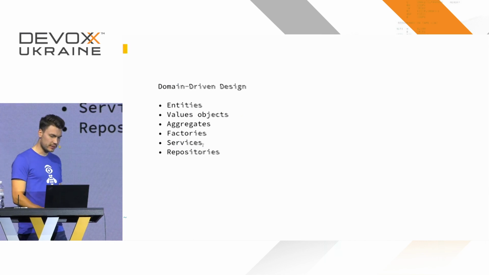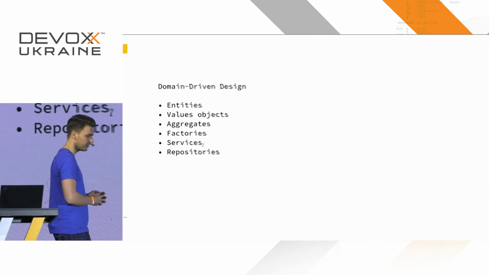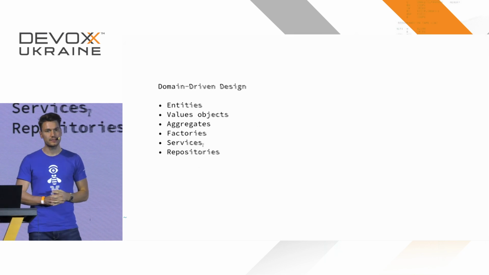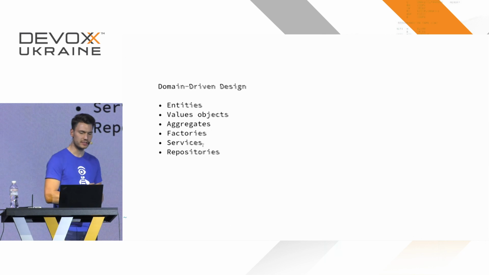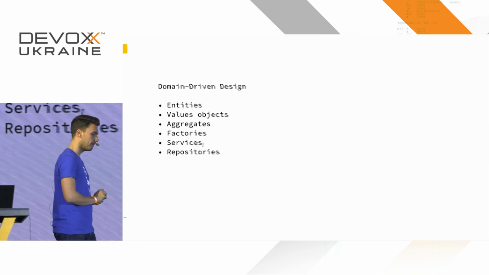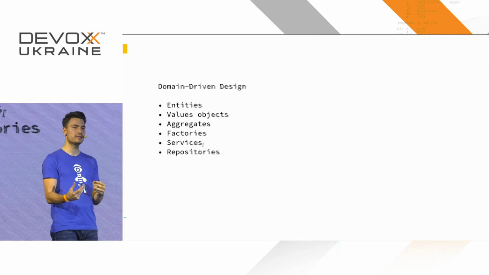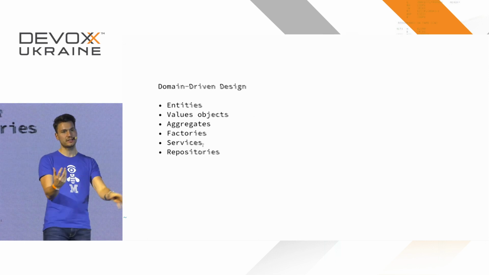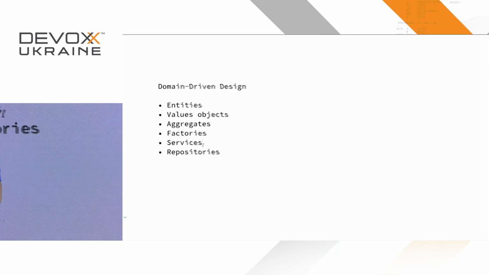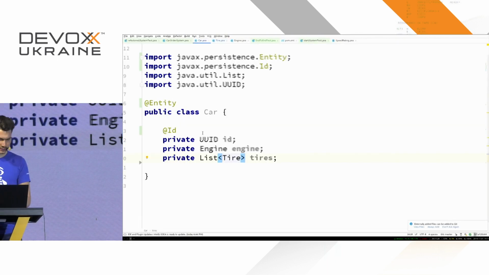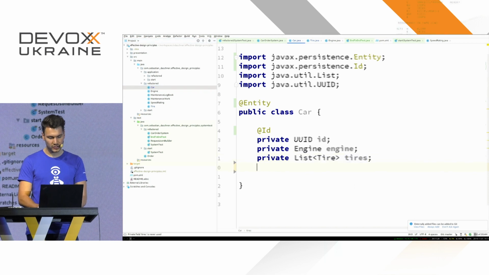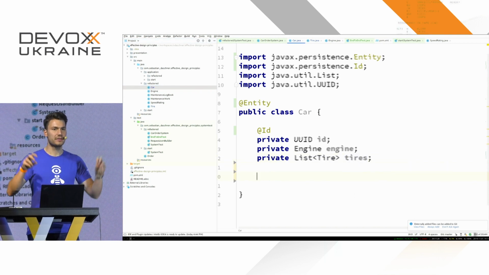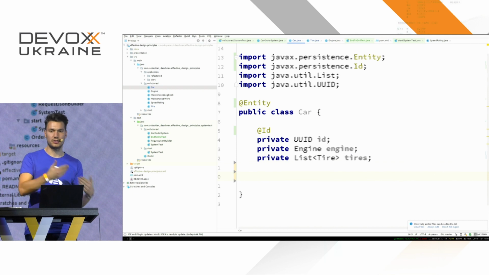If we have things like the notion of services and repositories, and also factories. Factories can be implemented in multiple ways, depending on your domain. For example, a factory might be something that, depending on your business domain, creates objects based on certain states and criteria. The important takeaway is that it's totally valid and makes a lot of sense to say that certain factory methods should be part of my domain entity, like a car.